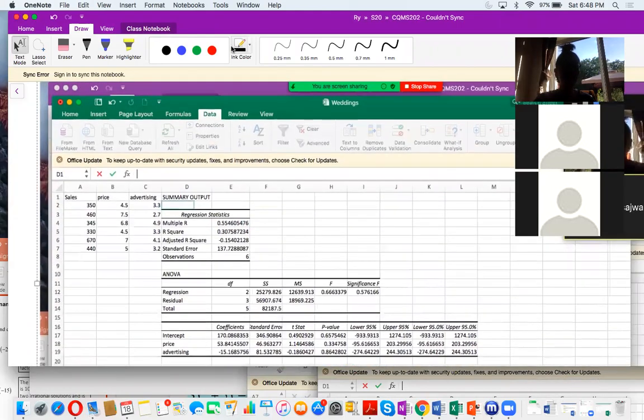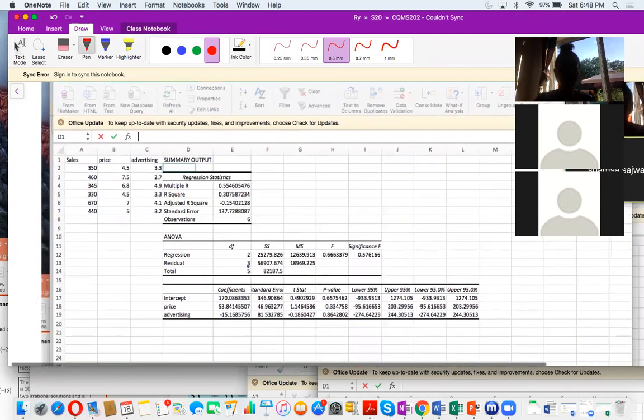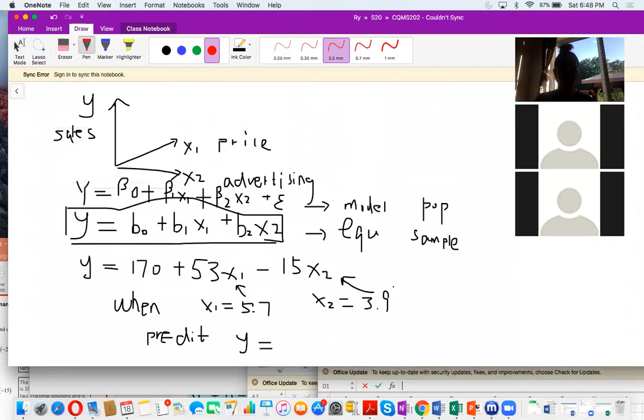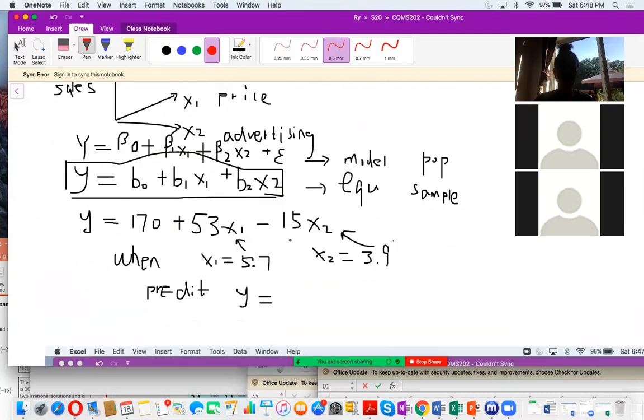Okay, this is our result. This degree of freedom for regression, we use the letter K. K equal to 2. K represents the number of independent variables. Here we have two independent variables, one is x1, the other is x2, so k equal to 2.